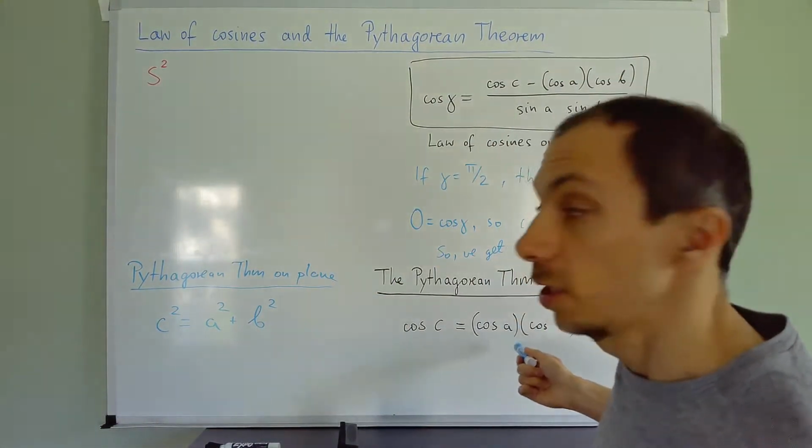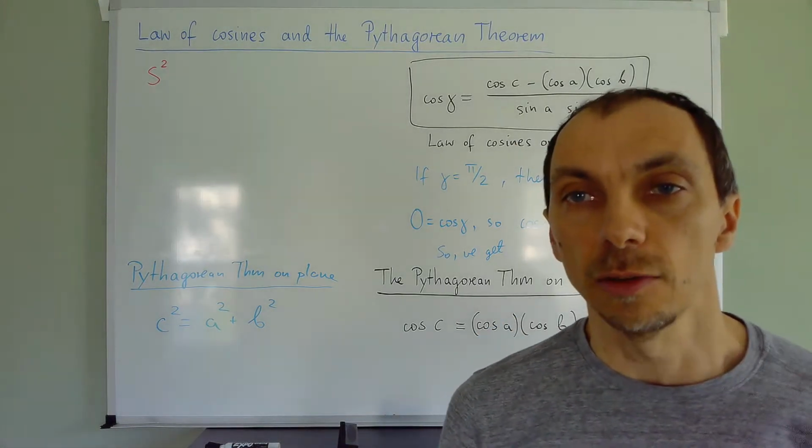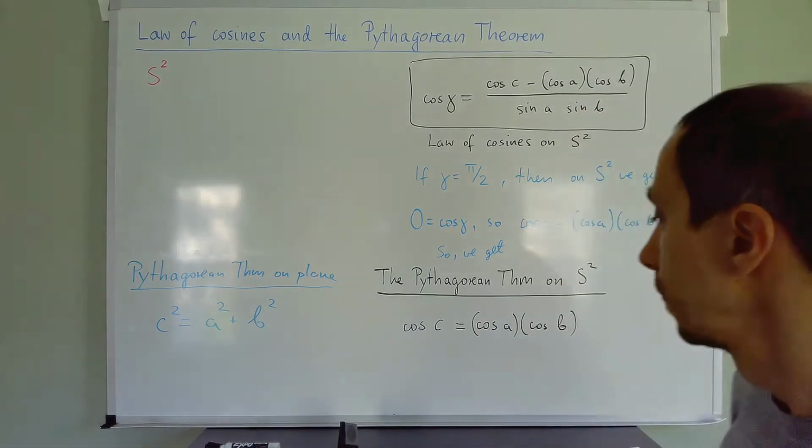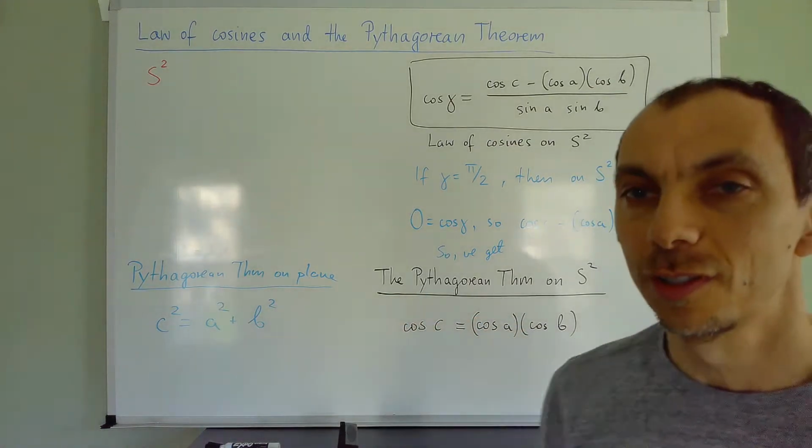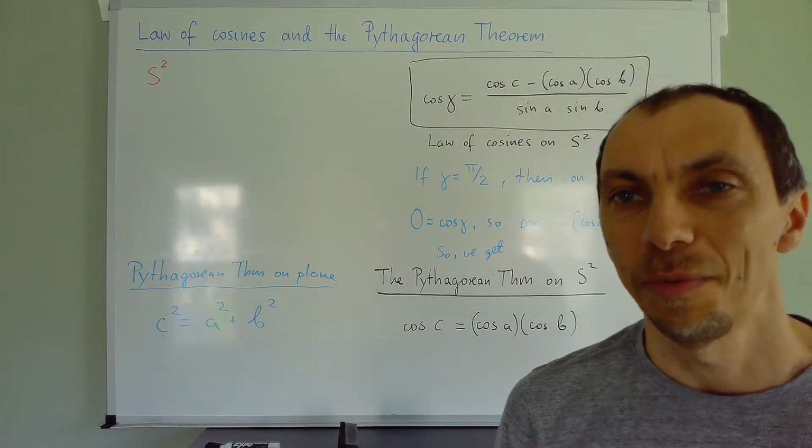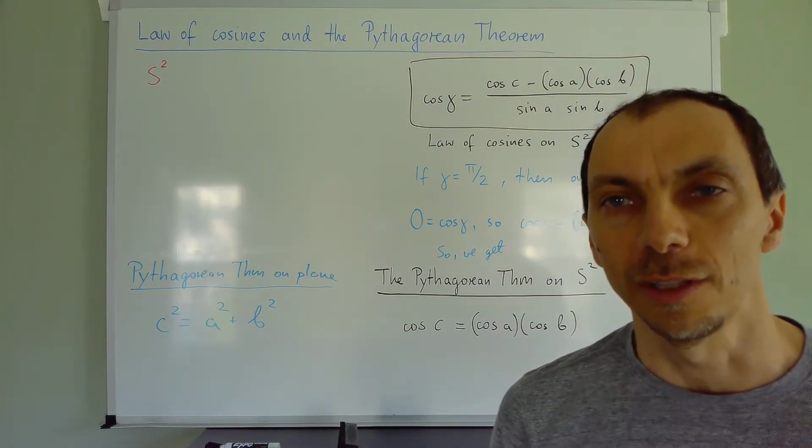Of course, this also tells you something about the length of the sides. The angles disappeared from that statement, but it looks very different. The Pythagorean theorem on the sphere looks very different.